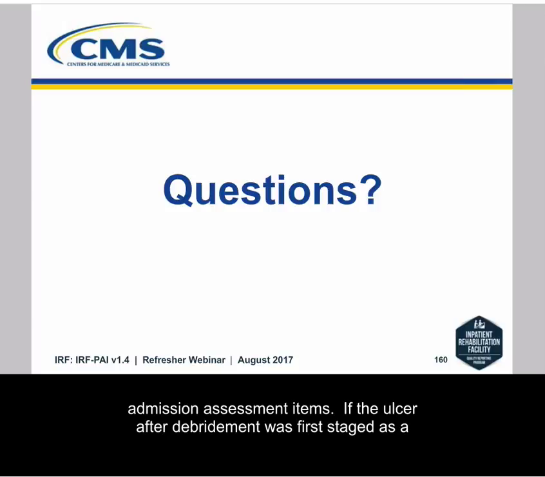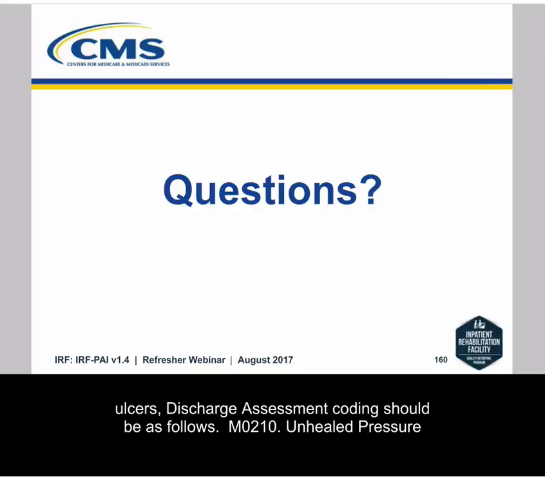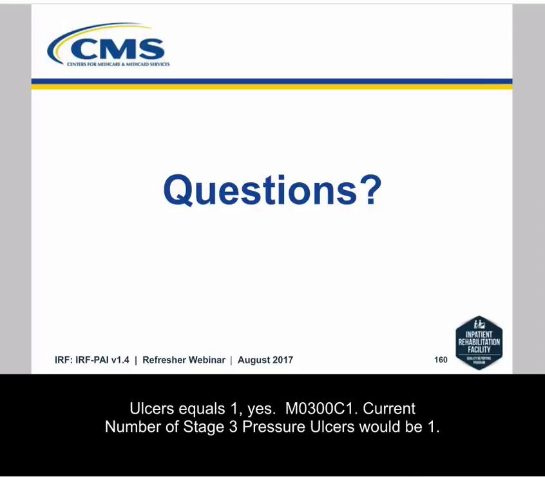If the ulcer after debridement was first staged as a numerical stage 3 ulcer and did not worsen by discharge, and there are no other pressure ulcers, discharge assessment coding should be as follows. M0210, unhealed pressure ulcers equals 1, yes. M0300 C1, current number of stage 3 pressure ulcers would be 1.